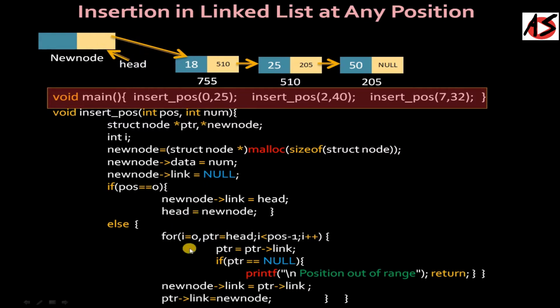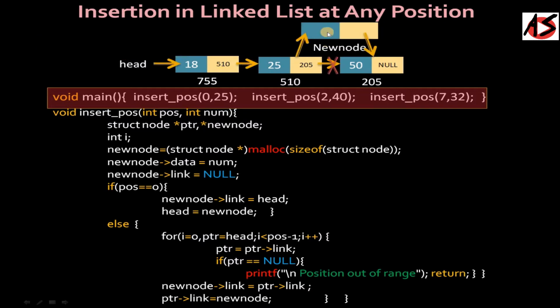From this other part of the code, you take one pointer starting from head, and if you want to insert the node at any position like the second position, you move the pointer from the first node to the second, second to third node, and when we want to insert the node here, you update the pointer link to the new node, and the new node pointer you have to update to the next node. So we will see these things in detail, line by line.